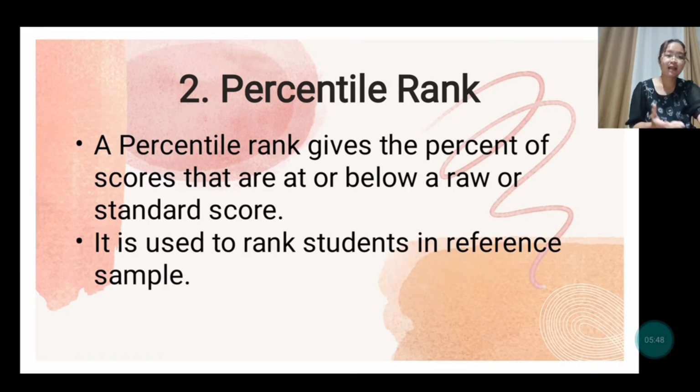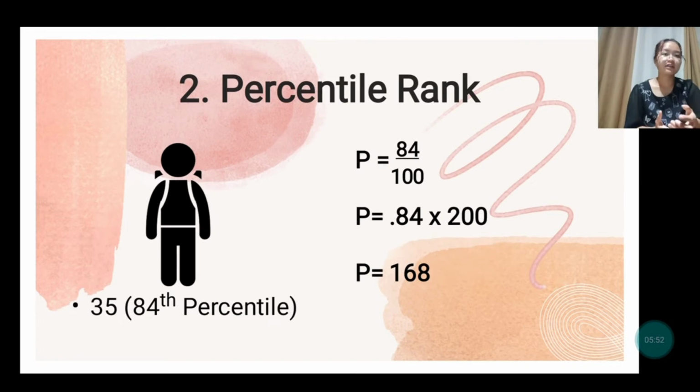In percentile rank, for example, if the student got 35 and 35 is equivalent to the 84th percentile, let's say there are 200 students who also took the test. So how can we get the rank?